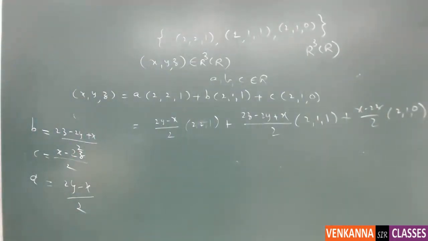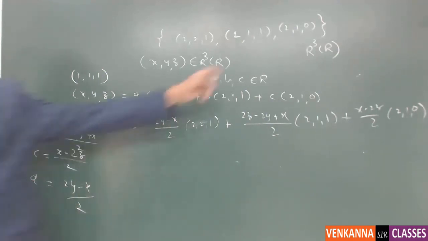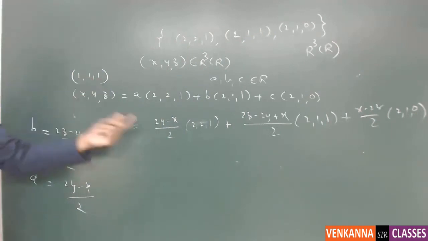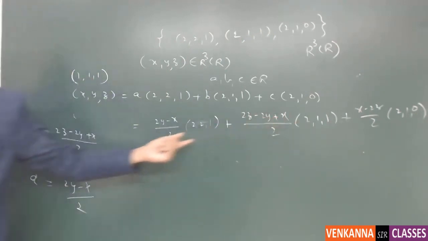Let me say I have taken a vector (1, 1, 1). So am I able to write (1, 1, 1) using these three vectors? Yes. You take it as x, y, z, substitute here, you will get a linear combination.